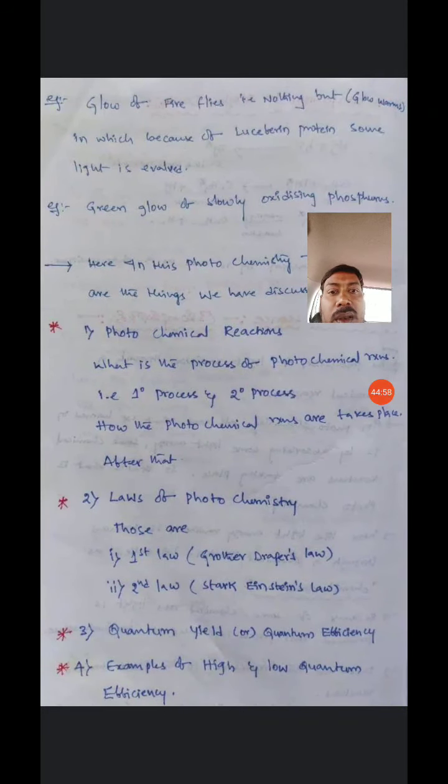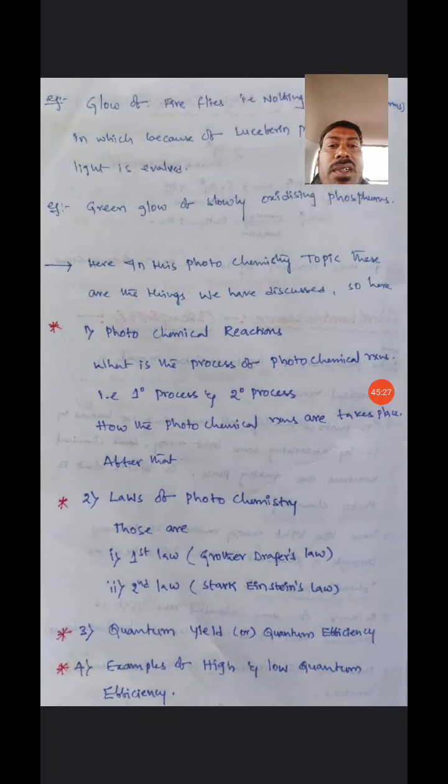For example, the glow of fireflies, that is glowworms, in which the luciferin protein produces some light.